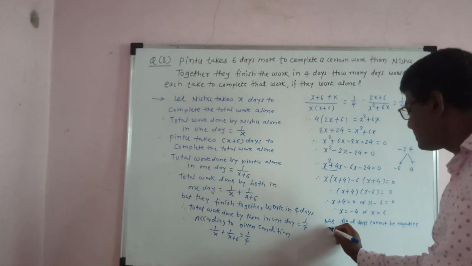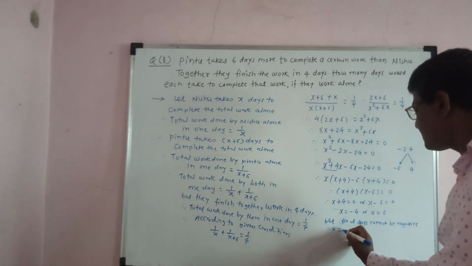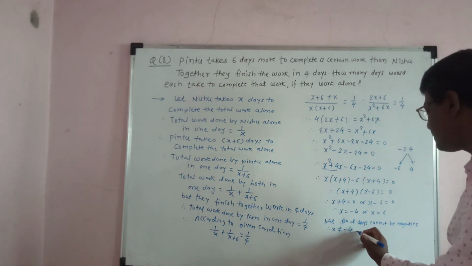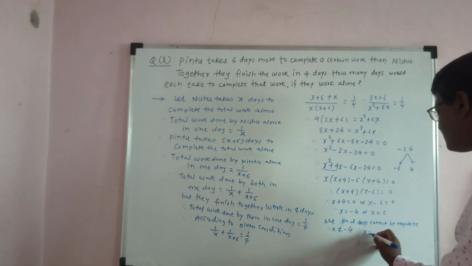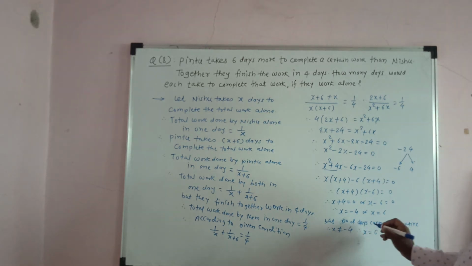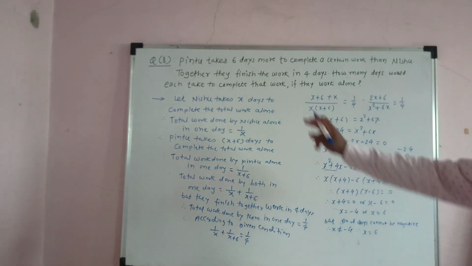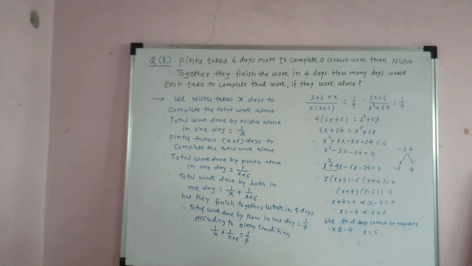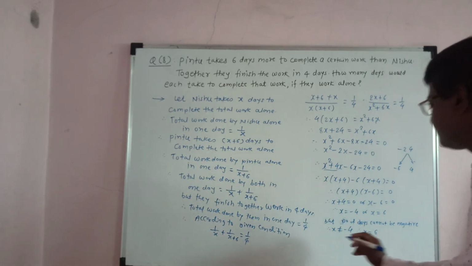Therefore, x is not equal to minus 4. Therefore, x is equal to 6. Therefore, Nishu takes 6 days and Pinto takes 6 plus 6 days to complete the total work alone.